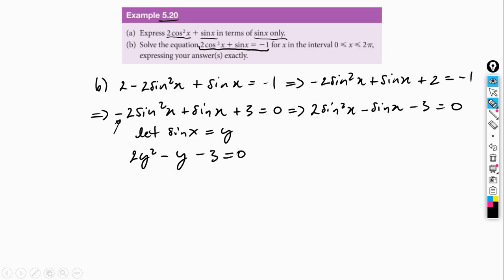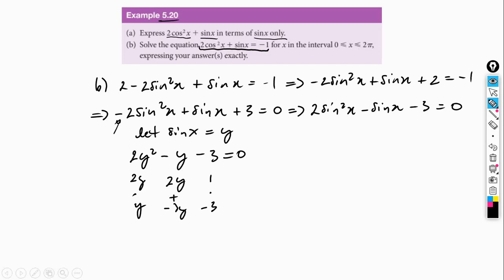So this allows us to do a factorization. We'll do it through inspection. So notice that this is the same as saying 2y times y, and then with negative 3, we can write it as 1 times negative 3. This is convenient because if we now multiply 2y times 1, that gives us 2y. And if we multiply y times negative 3, that's negative 3y.